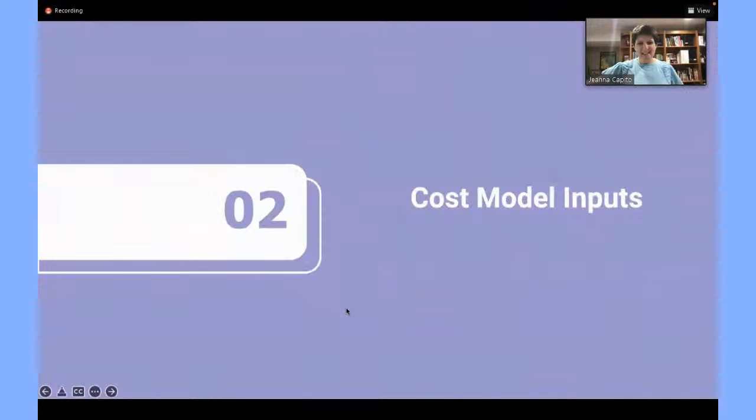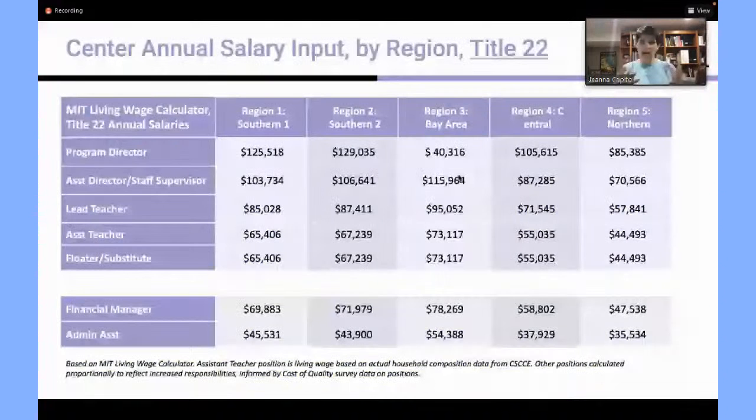This morning, what we want to move on to now is giving you a little bit more context on the cost model. The models that we're looking at are all using the MIT Living Wage Calculator as the selection for salaries and running all the cost per child information using those.